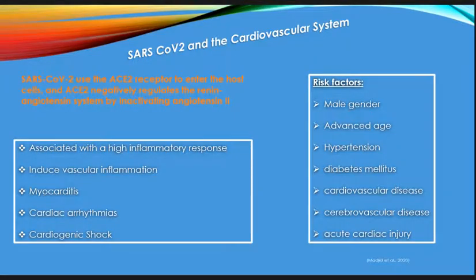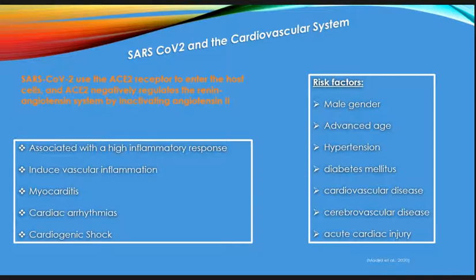This slide is about the SARS-CoV-2 and the cardiovascular system. The SARS-CoV-2 uses the ACE2 receptor to enter the host cell, and the ACE2 negatively regulates the renin-angiotensin system by inactivating the angiotensin II.